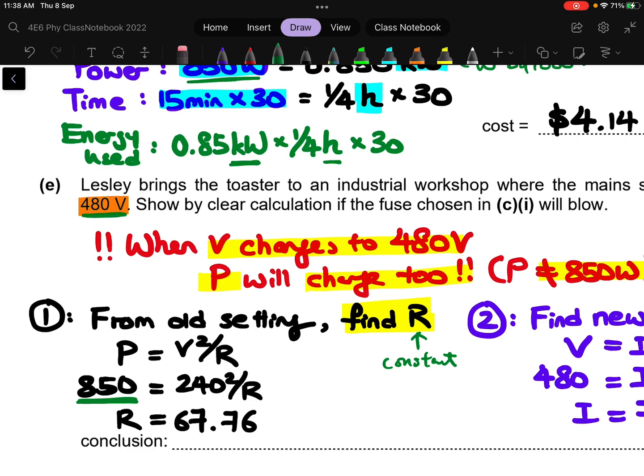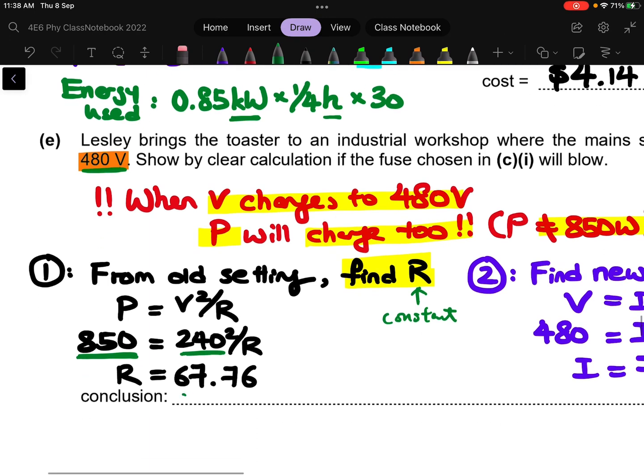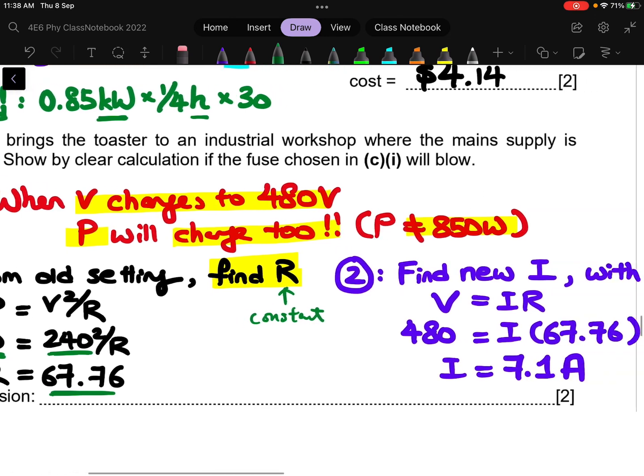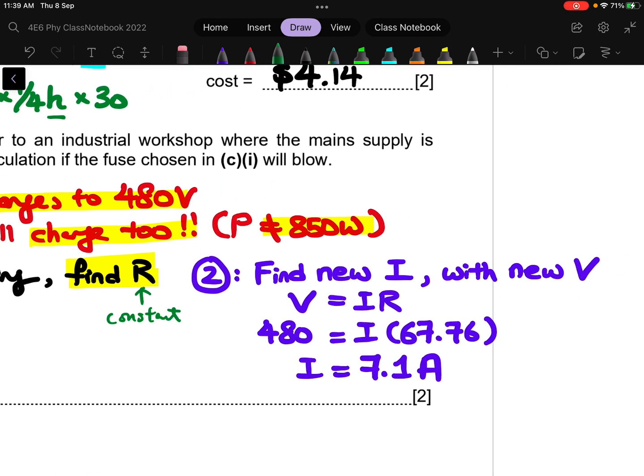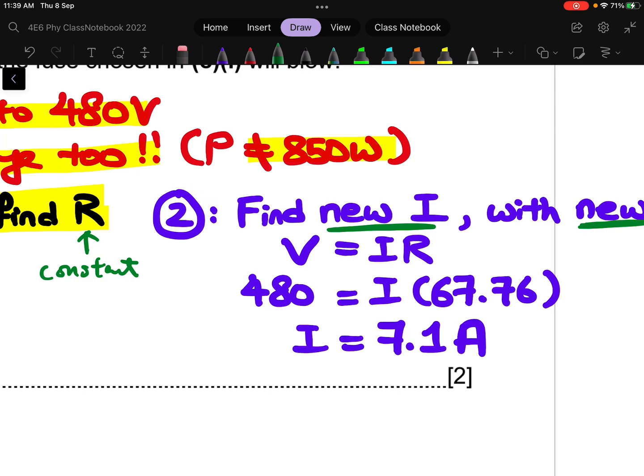So use the old information with a power rating of 850 W when you supply 240 V, and you go and work out what is the resistance of the toaster. Once you know the resistance of the toaster, you can then work out what is the new current that will flow through when you supply a new voltage.